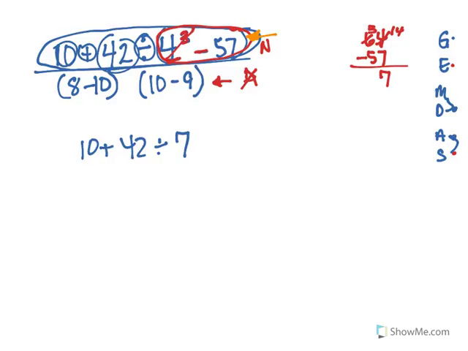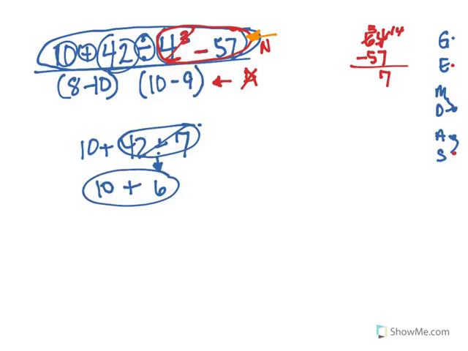According to order of operations, I need to divide first. 42 divided by 7 is 6. Scratch. I'm going to bring down the plus and the 10. And then 10 plus 6 is 16. Okay, I hope I'm not confusing you guys, but right now I just found the value of the numerator. When I worked out everything on top, my answer was 16.